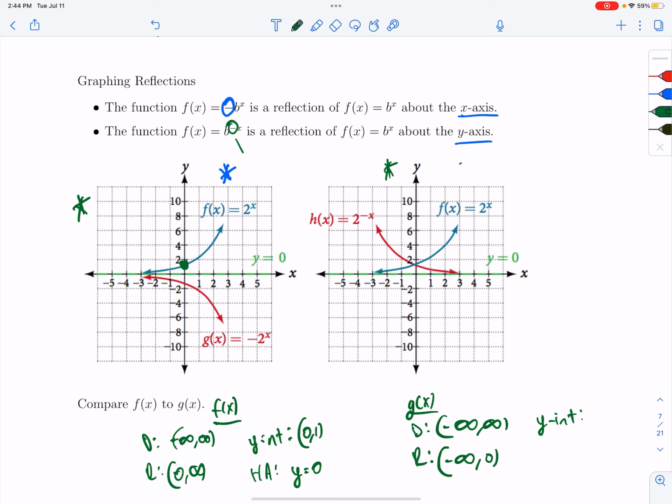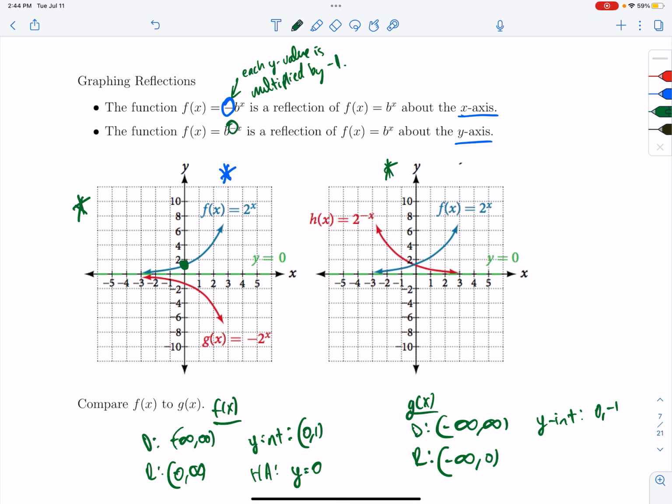Actually, sorry, we're doing this one. When we have that negative there, what that's doing is each y value is multiplied by -1. That's what that negative does. So if our original y-intercept was (0, 1), now it's (0, -1).